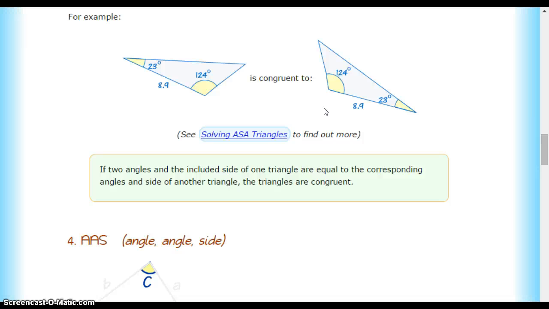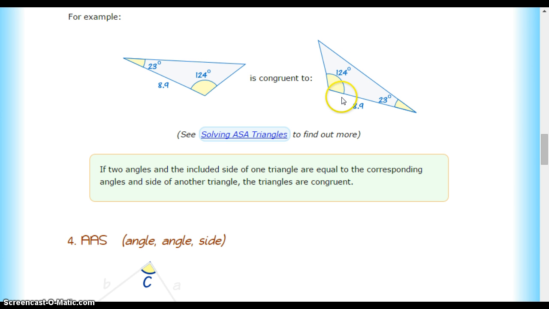Now the S, the side. So here, the side which is sandwiched between these 2 angles is 8.9 units long. Maybe it's centimeters, maybe it's meters, we're not sure, but it's 8.9 units long. Let's look at over here. So between angle 23 degrees and 124 degrees, again here we have the side which is 8.9 units long.